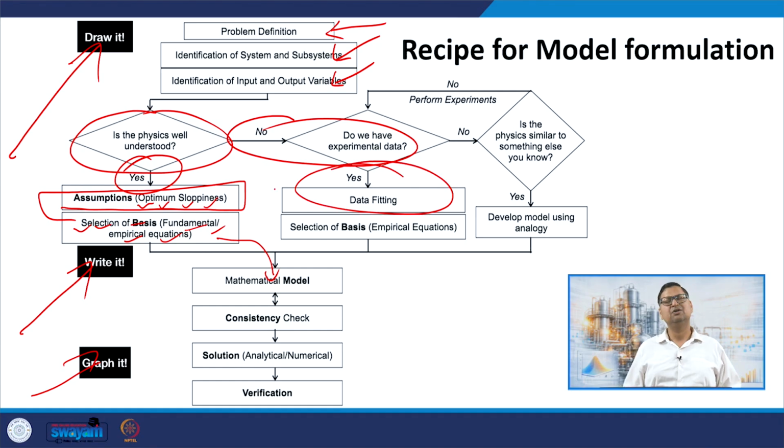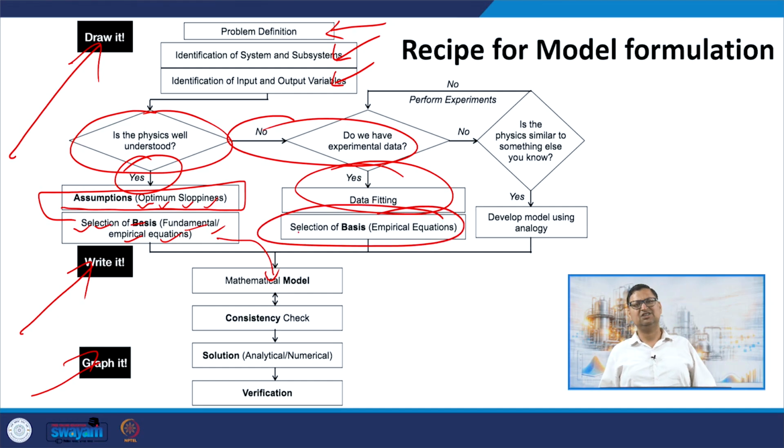In that case, we basically do a data fitting. We assume a model, some kind of a linear model. We do some kind of data fitting, and after data fitting, I will get the empirical equations which will form the basis of the rest of the steps. So, this empirical equation now becomes the mathematical model for the system, right.